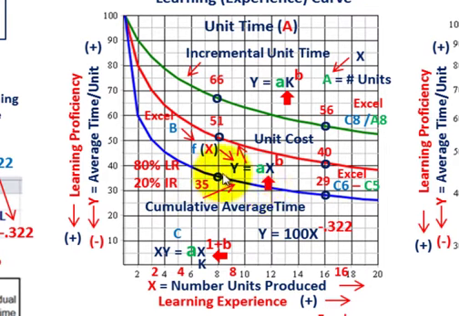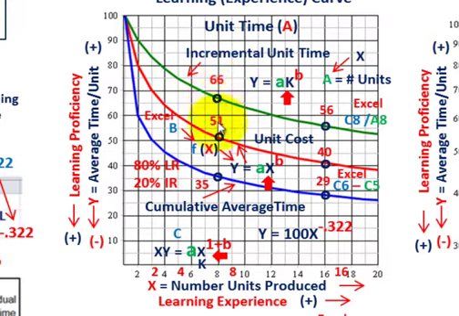And just looking at our numbers here, cumulative average time on a per unit basis at an output of 8, we were sitting at 35 hours versus the incremental time, where we're way up at 66 hours. So we're not very proficient using the incremental unit time, making that comparison.